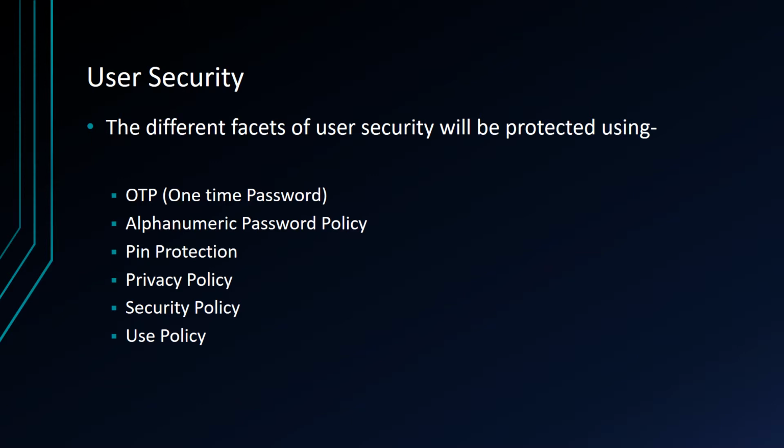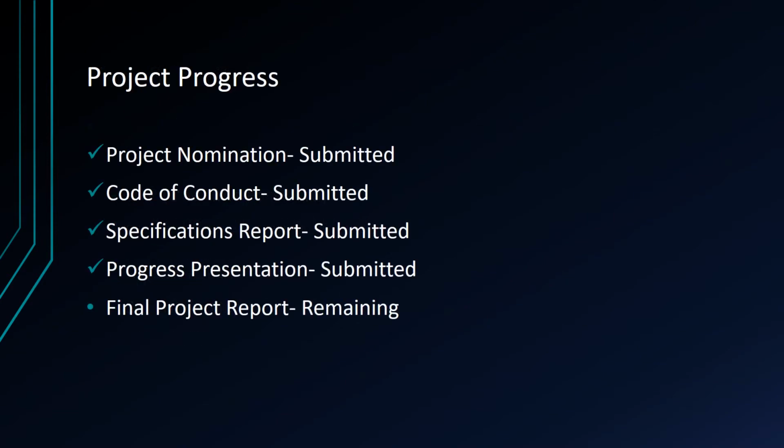These security measures are the OTP technology, a password policy which reinforces the culture of alphanumeric passwords for the mobile application, a privacy policy, a security policy, and a use policy for the utilization of intellectual property, where the volunteers will be educated about several risks associated with the use of the mobile application platform and how they can save themselves from these problems.